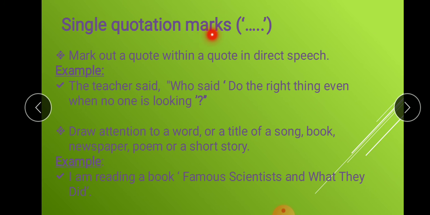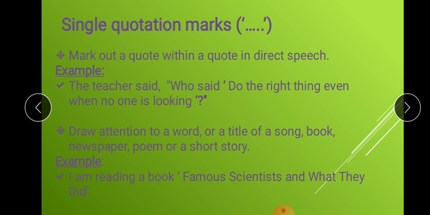Single quotation mark. This is the sign for a single quotation mark. It is used to mark out a quote within a quote in direct speech. Example: the teacher said. Now what the teacher said will be written in double quotation marks. Who said, 'Do the right thing even when no one is looking'?